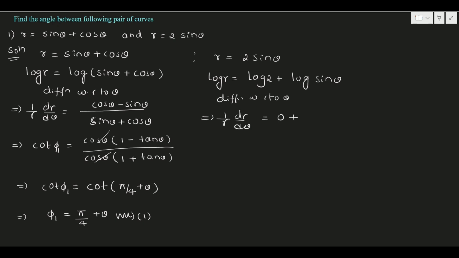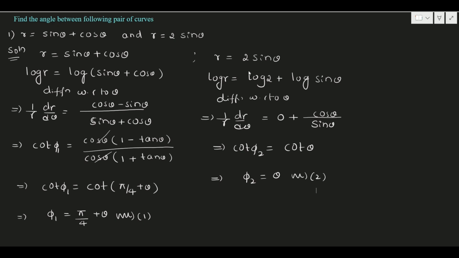The differentiation of log 2 is 0 and the differentiation of log sin theta is 1 by sin theta into cos theta, since the differentiation of sin is cos. So cos theta by sin theta, and the LHS we denote by cot phi 2. Cos by sin is cot, so cot theta. Directly you will get phi 2 as theta. Call this equation 2.